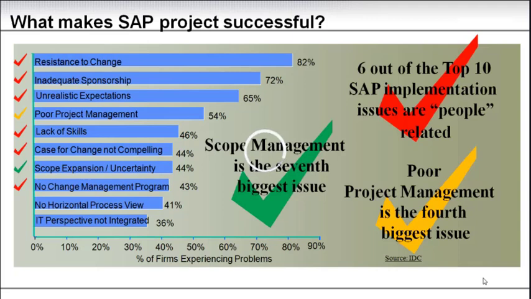So basically these three, if you can control and make sure that you successfully execute these three areas, you are actually eliminating a significant part of the items that have caused projects to fail in history.